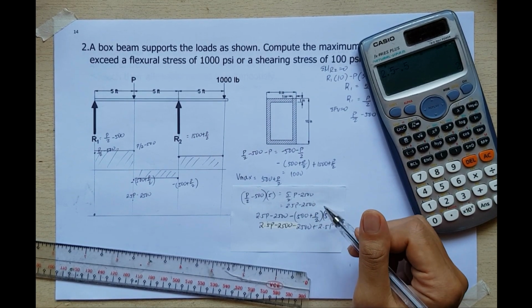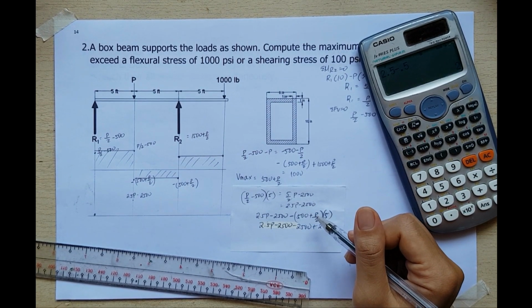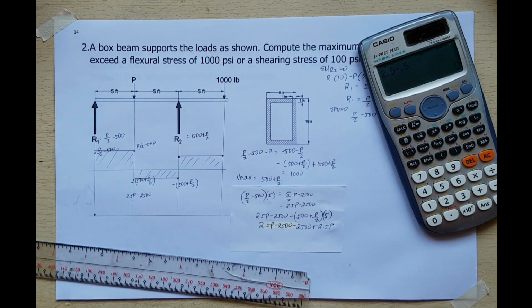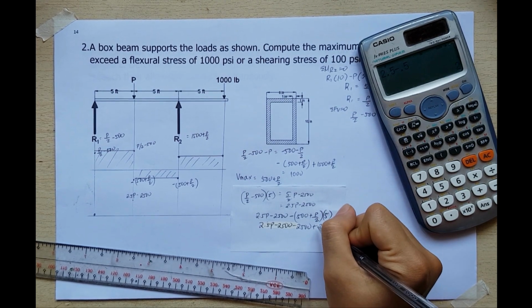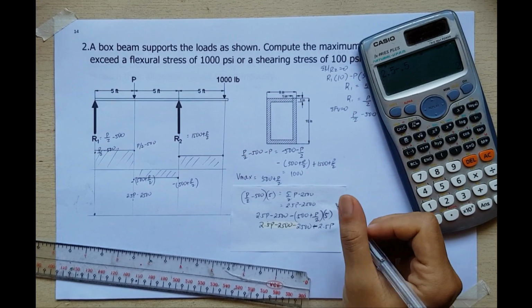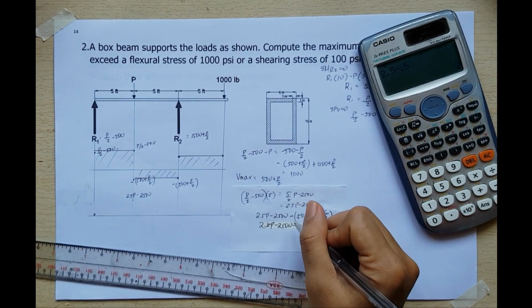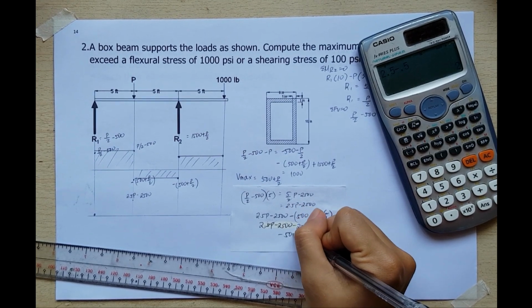So, distribute natin yung minus sign. Minus 500 plus 5 times 5. So, this is negative. So, canceling this out, we are left with negative 5,000.